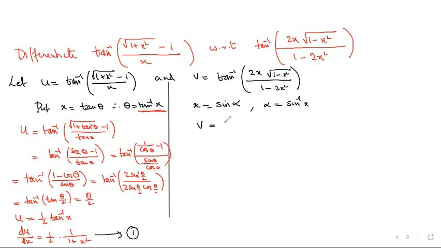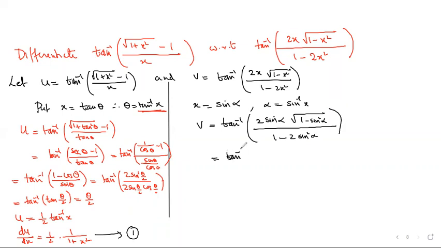Here v is equal to tan inverse of 2 sine alpha root of 1 minus sine square alpha divided by 1 minus 2 sine square alpha. Tan inverse of 2 sine alpha cos alpha upon 1 minus 2 sine square alpha.